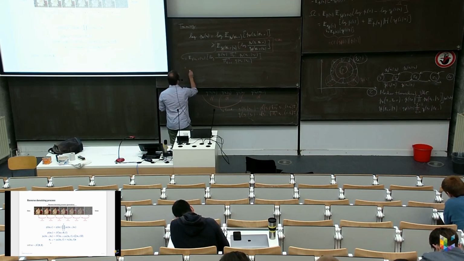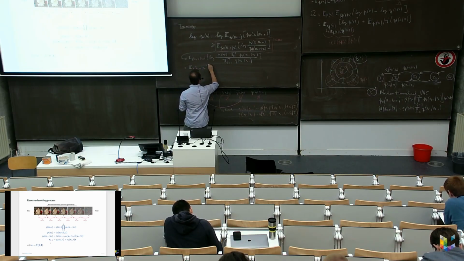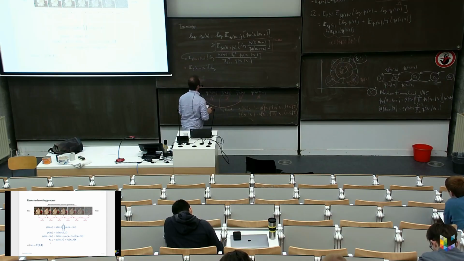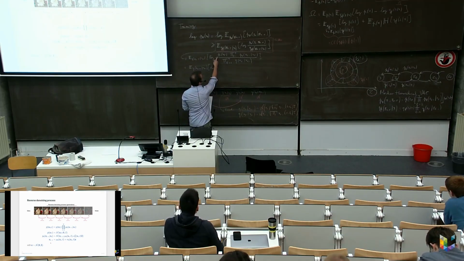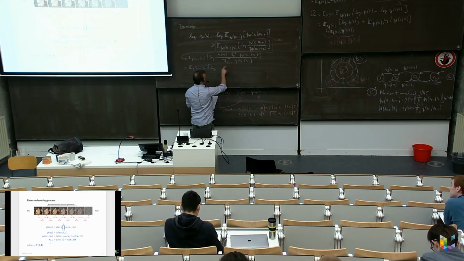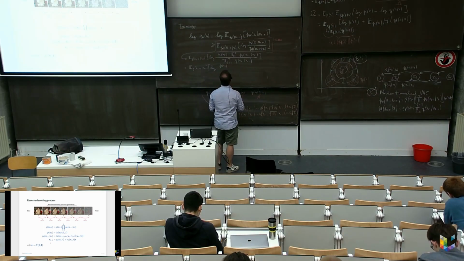Okay, now let me rewrite this further. The expectation over q of x1 to T given x0 of log. So I will pull apart the very last transition for the generative part, and I will also pull apart the first transition for the variational part. So we have p of xT, that's the same.